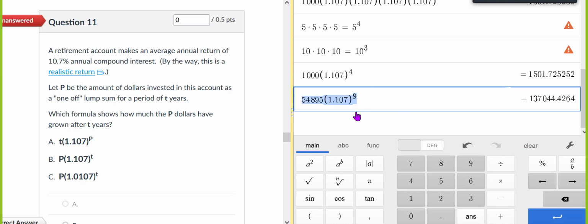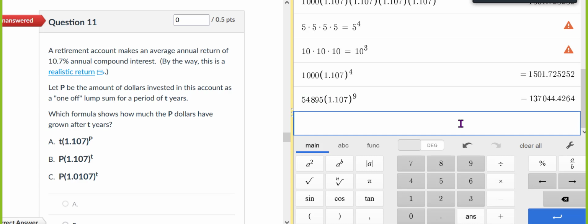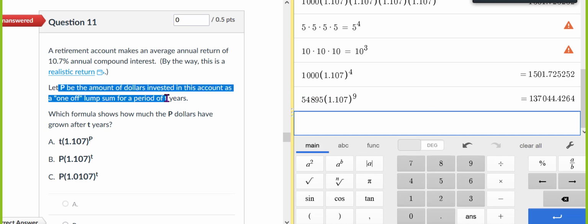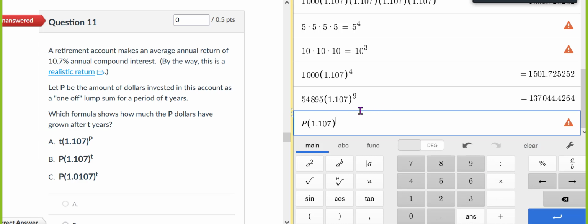Okay, sorry. So the question is, if we invest P for T years, what would the formula look like? So instead of 54,000, we've got P, right? So it's going to be P times 1.107 to the power of T. T represents the years, right?